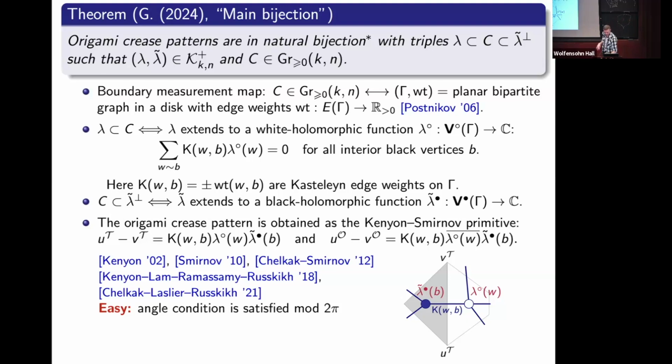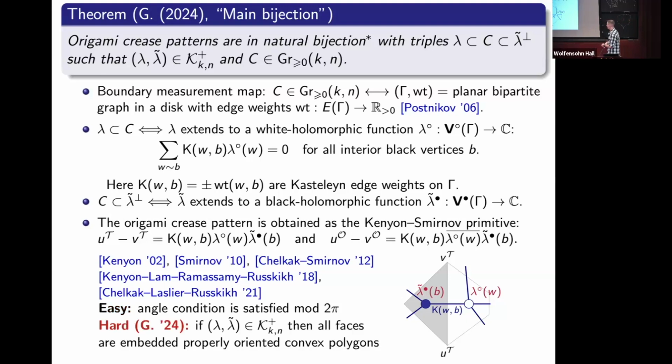But the hard part is to show that if your initial data, lambda, lambda tilde, satisfy those Weinstein number conditions and positivity conditions, then you're guaranteed to have an embedded pattern in the plane. And every face is going to be an honest convex polygon. The angle condition is going to be satisfied not just modulo 2 pi, but actually the sum of angles is going to be equal to pi, and so on.